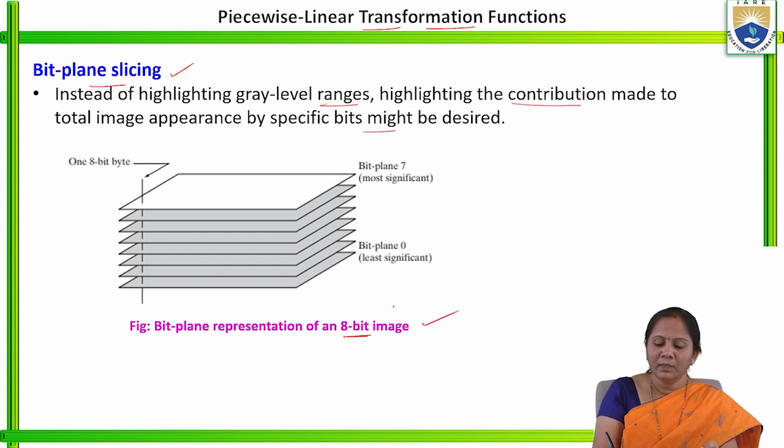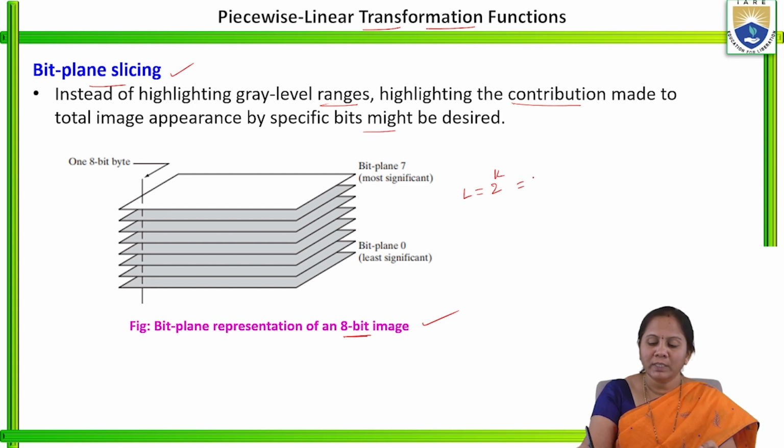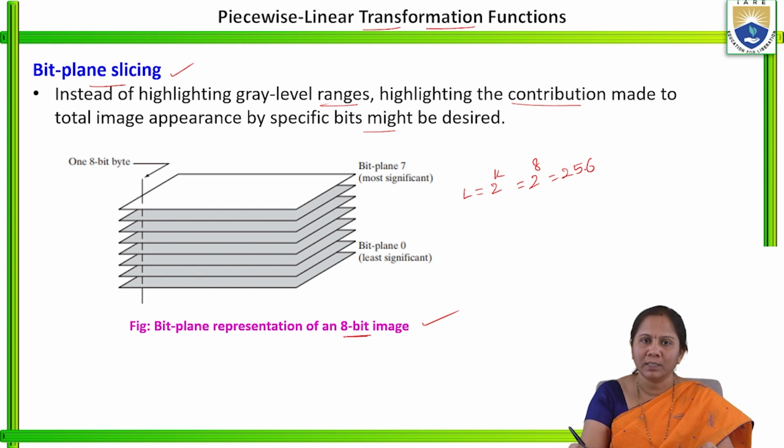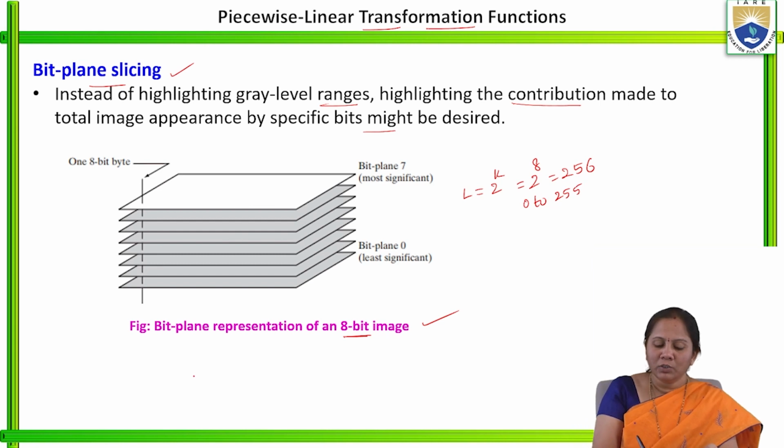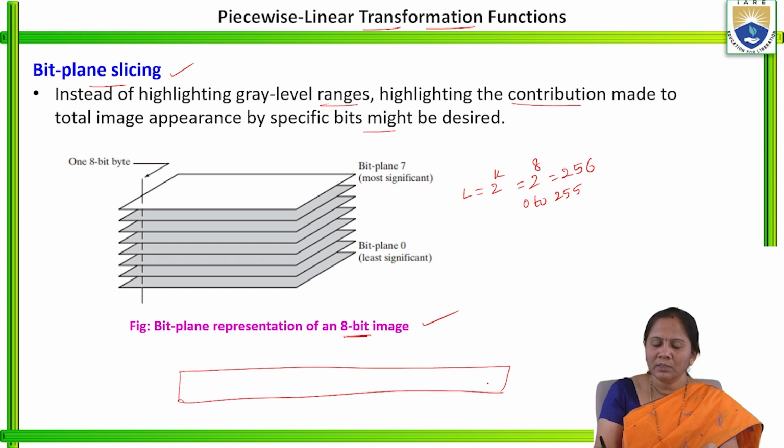For example, for an 8-bit image, L is equal to 2 power k. So it is represented as 2 power 8. The total value is 256. So it will range from 0 to 255. So here we will have pixel values ranging from 0, 1, 2, and so on up to 255.